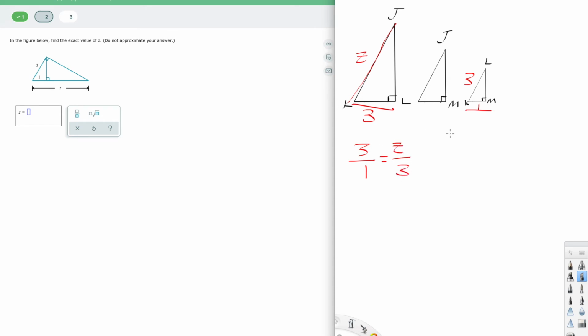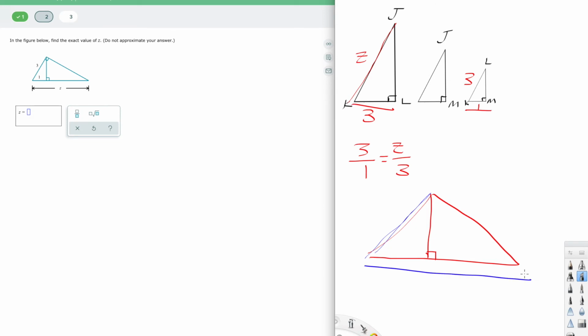So this is actually where the geometric mean comes in. The length here, the 3, is the geometric mean between the whole side and the first piece. I can do the same thing if I draw this guy, and I know I'm not drawing it perfect here, but I can say that this length is the geometric mean between the whole side and the short side here.